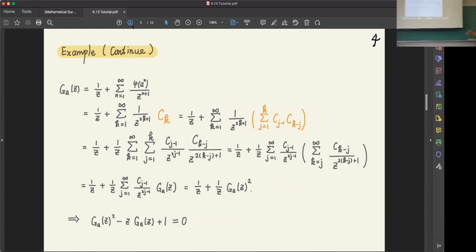After we do the interchange, we can see this one is precisely a Cauchy transform. After we rewrite this one as a Cauchy transform, then this other one is also a Cauchy transform. Which means we get the Cauchy transform G is equal to 1 over z plus 1 over z times G squared. Now we got a quadratic equation for the Cauchy transform.